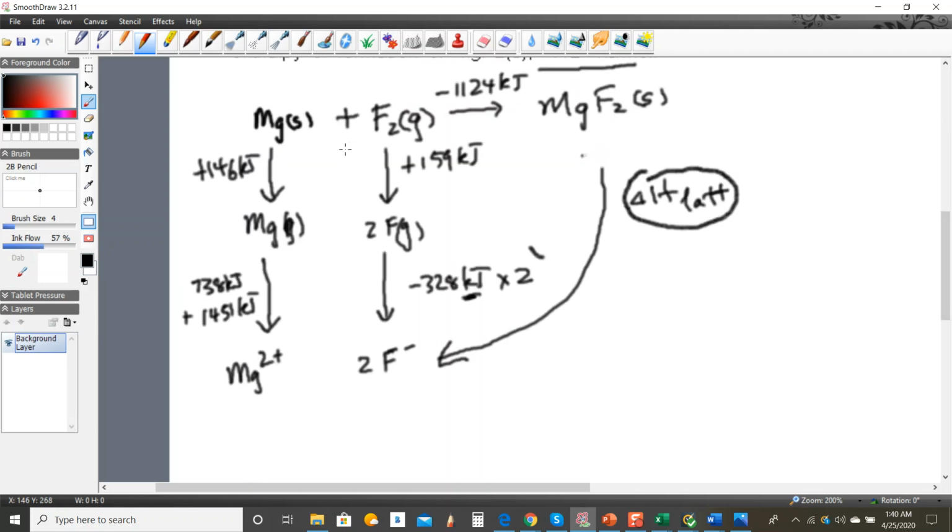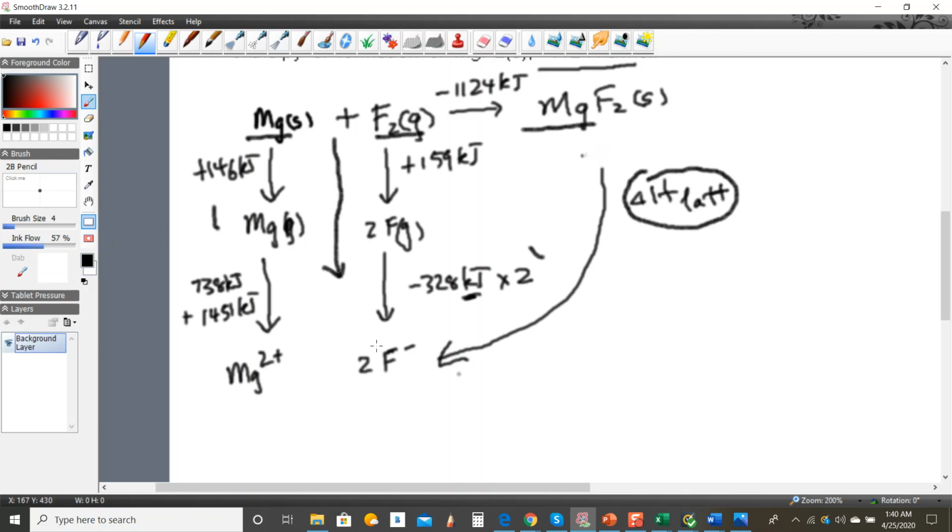Now based on that, we can set up a mathematical relationship. If you look at this carefully, going from this plus this to give you this, and then going from this to here is the same thing as going this route right here.